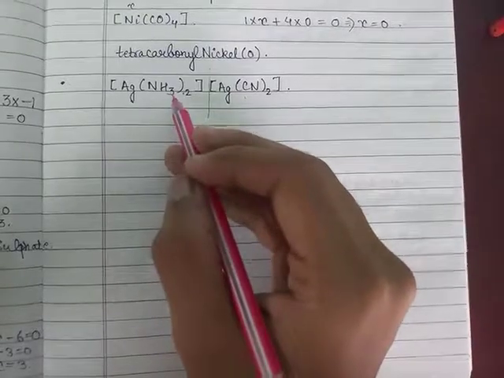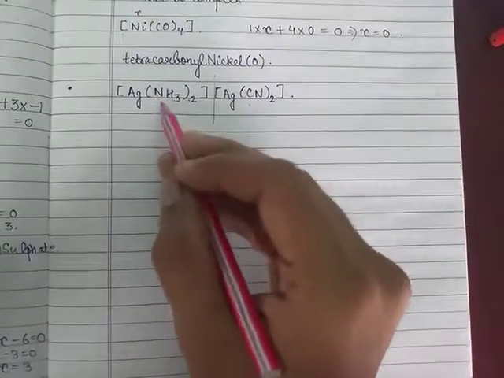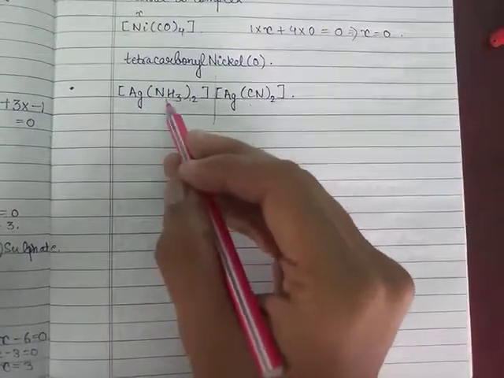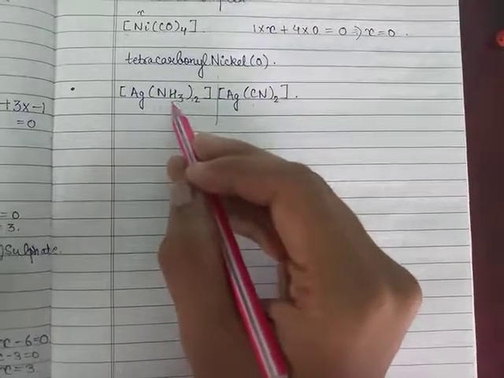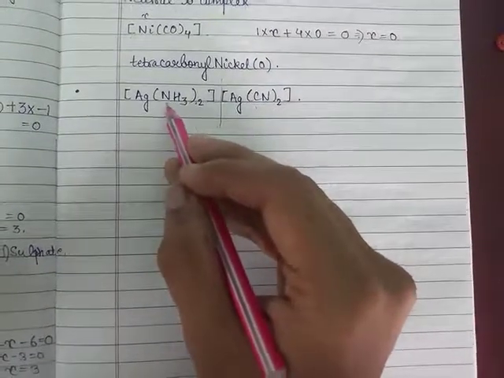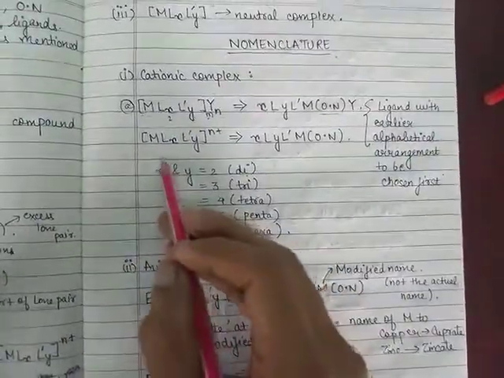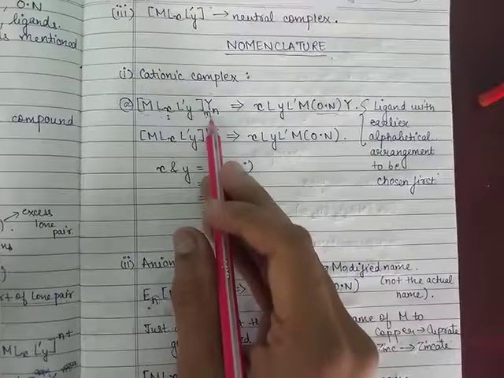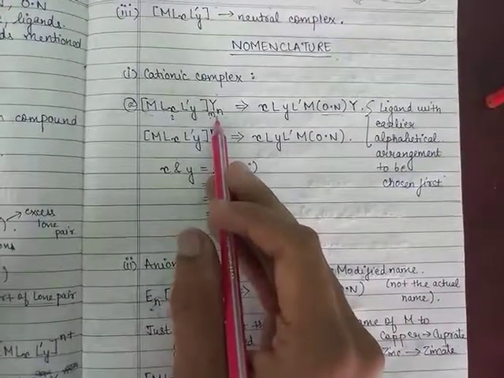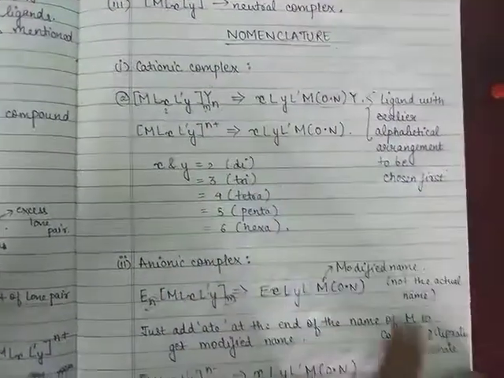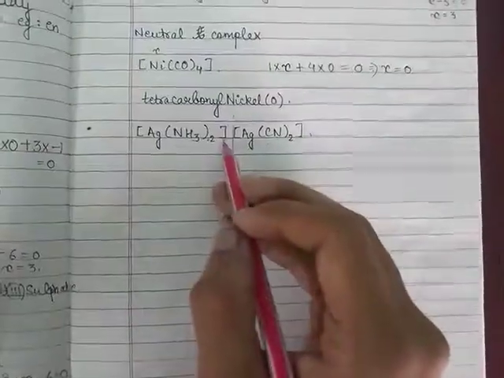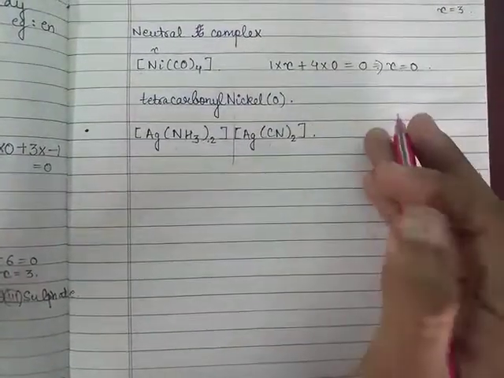So moving on, what is this ligand first over here? We are naming this as a cationic complex. This is the type where it is a cationic complex but it does not have a counter anion here; another complex is there.